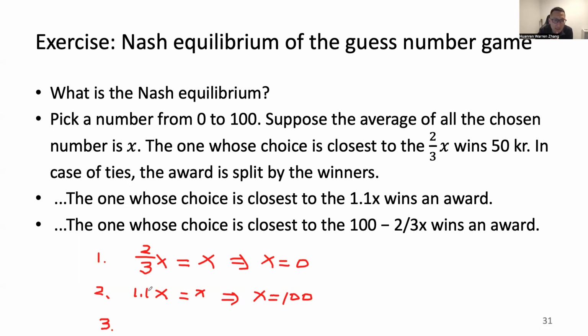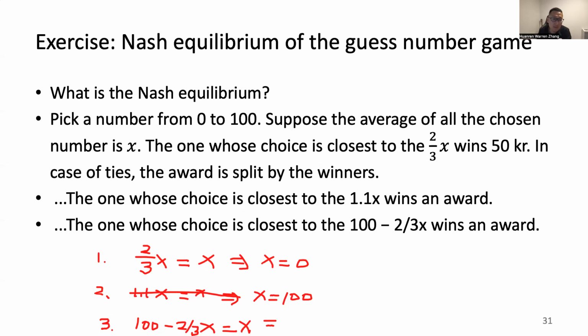So I guess this equation will not work here for calculating this Nash equilibrium. But for the third case, when you have 100 minus 2/3 x, you can calculate the Nash equilibrium by making these two equal, because if the answer is between 0 and 100, you can use this equation.